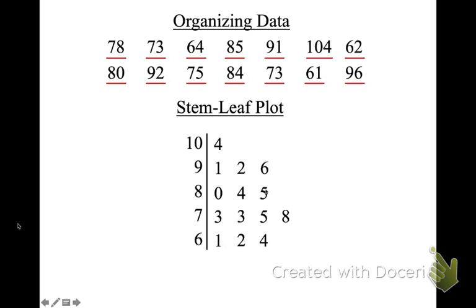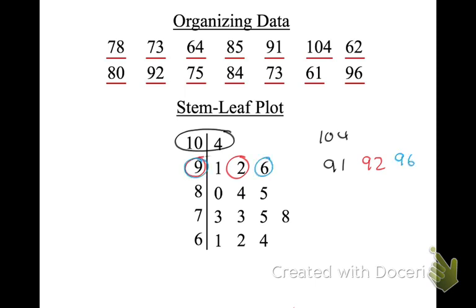Now, how do I read that? When you see a stem and leaf, this number right here means 104. This number right here means 91. This with this means 92. 9 with the 6 means 96.